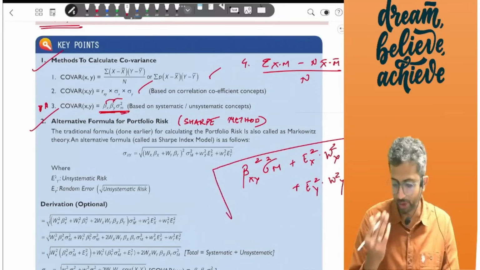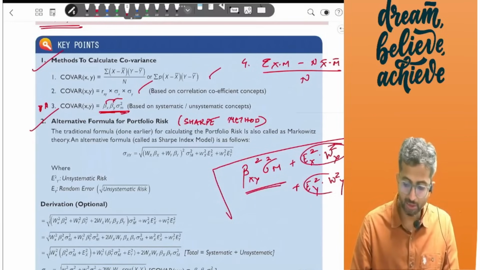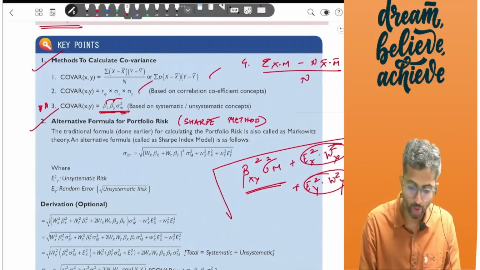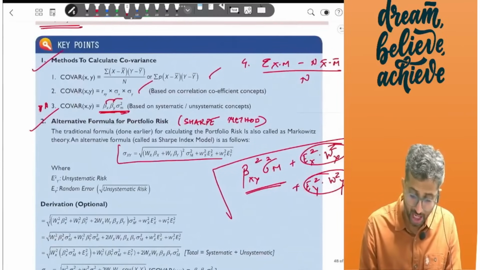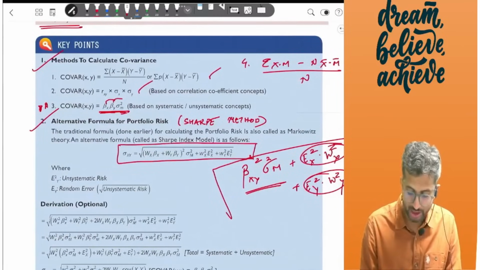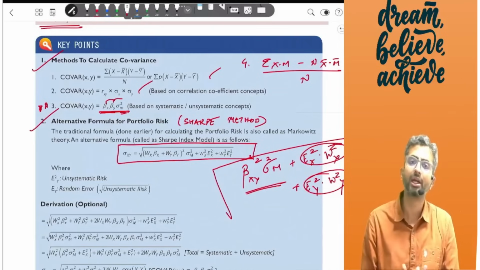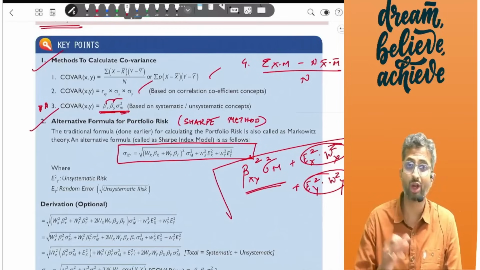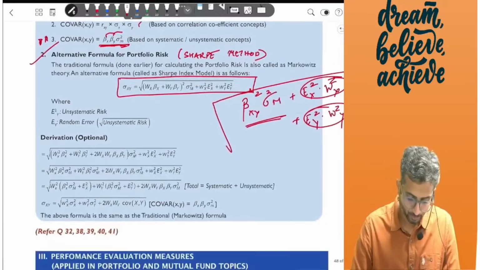This will give you systematic risk of the portfolio plus unsystematic risk of all the securities in the portfolio, and that total is also going to give you, we have shown the derivation below, that is just for your understanding, a standard deviation number, which for all practical purposes can also be considered to be your portfolio standard deviation. Your answers will be the same if you do it properly under both the methods.